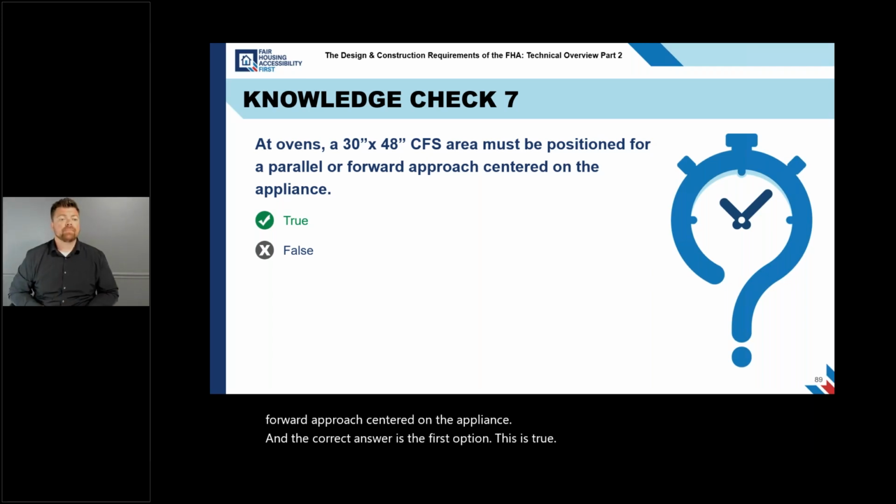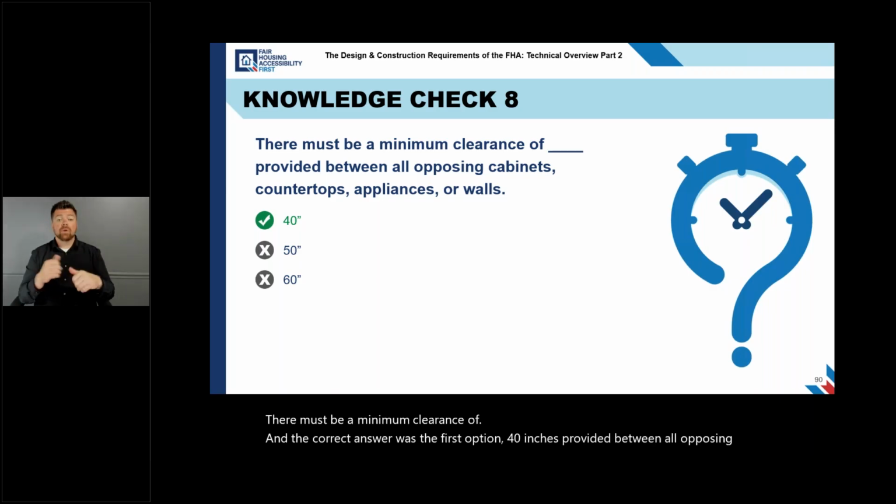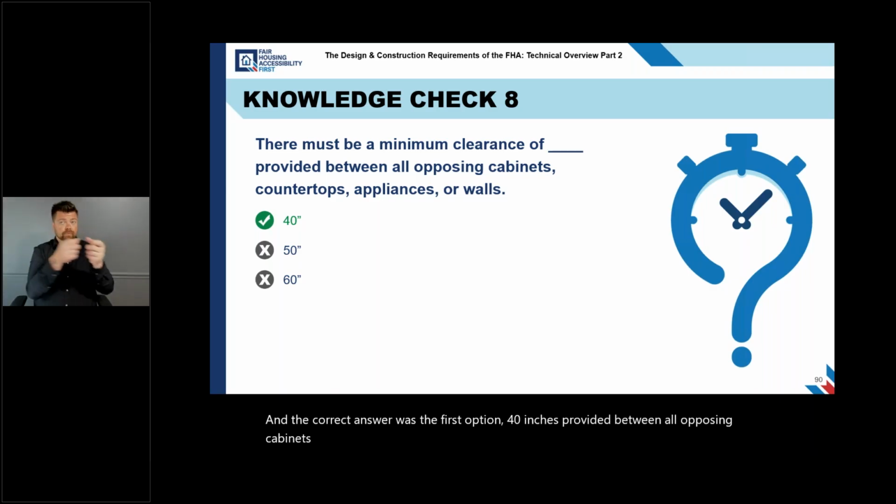And 84% of you got this one correct. Moving on to knowledge check 8. There must be a minimum clearance of, and the correct answer was the first option, 40 inches provided between all opposing cabinets, countertops, appliances, or walls. And 88% of you got this one correct.